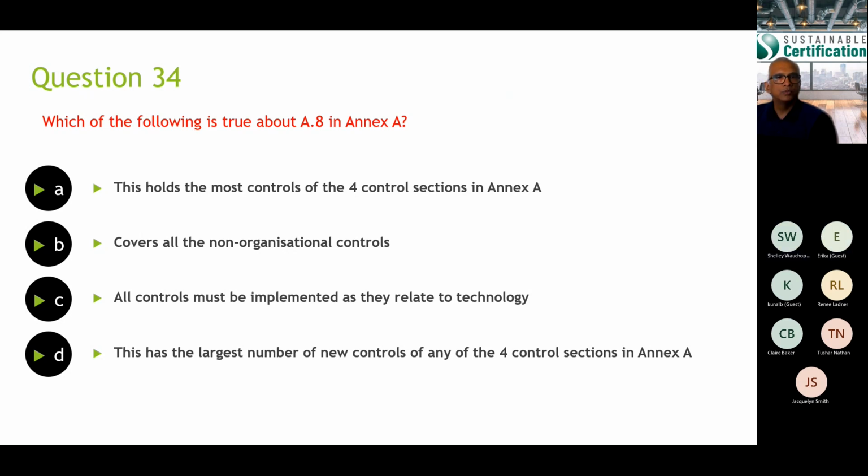This holds the most controls for the control section, covers all the non-organizational controls. All controls must be implemented as they relate to technology. And this has the largest number of new controls of any of the 4 controls.